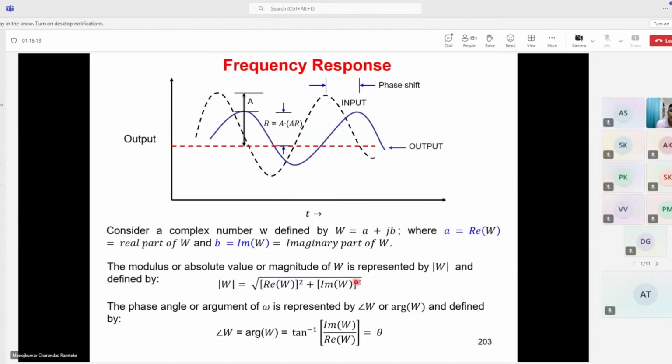The modulus or magnitude of W is given by mod W, which is the square root of real part squared plus imaginary part squared, isn't it? Similarly, the phase angle between the real and the imaginary part will be given by the argument of W, which is tan inverse of imaginary part by real part. So tan inverse of imaginary part by real part is going to give me the phase angle theta.